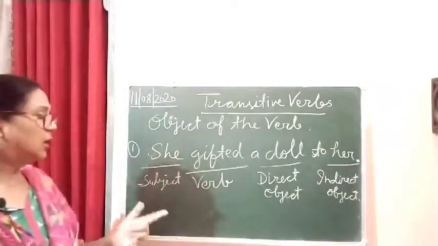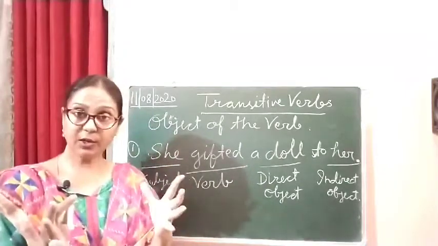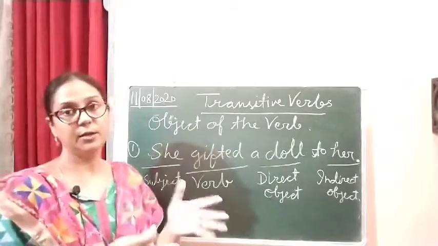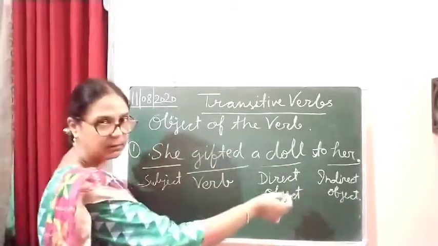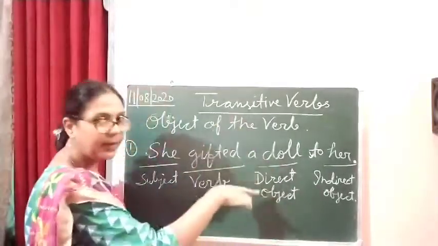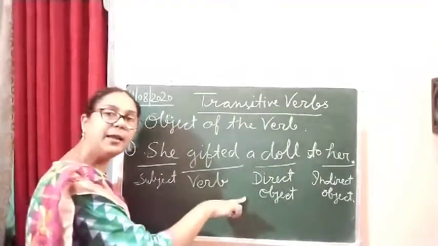First of all, we should understand on which object the action is directly working or going on. So here you can say she gifted a doll. The action is directly happening on that particular object. That is direct.